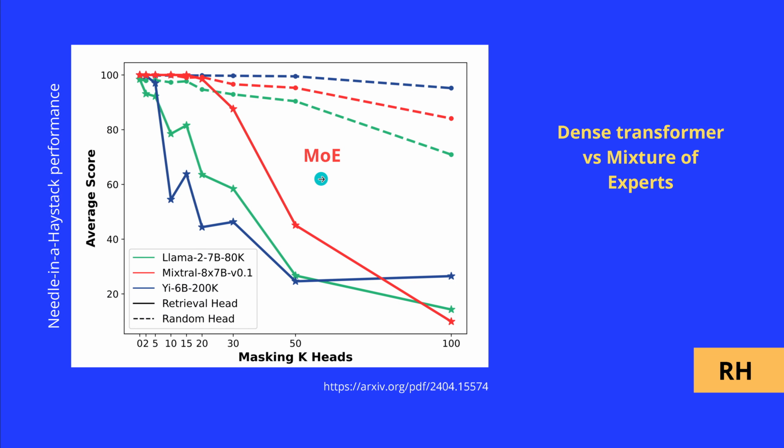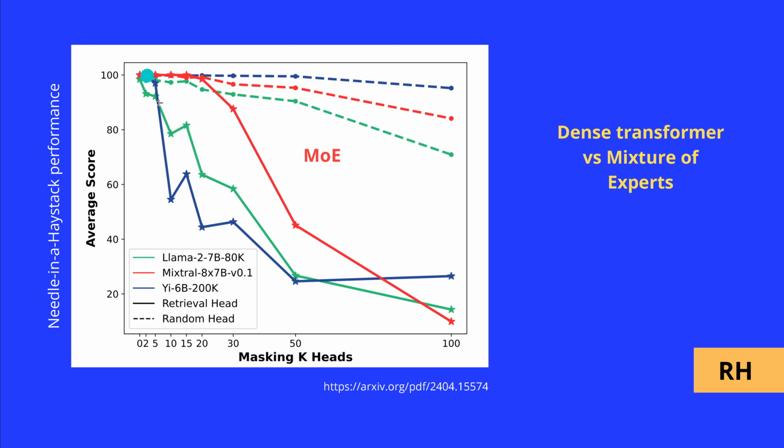Now we can have a look here and compare a dense transformer with a mixture of experts system. And in red, the solid line, you have a mixture of experts system, a Mixtral 8x7b. Now you see, compared to a Llama 2 7b with an extended 80K context length, and we will talk about this in a second, you see this green line goes down significantly faster.